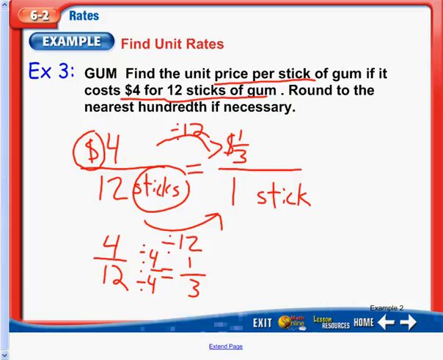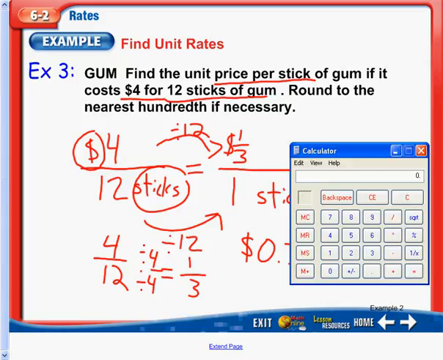So 1/3 of a dollar, we should remember that 1/3 of a dollar is 33 cents, 0.33333. So that would be repeating. However, we can just use our calculator right here and do 1 divided by 3. So I see 0.33.